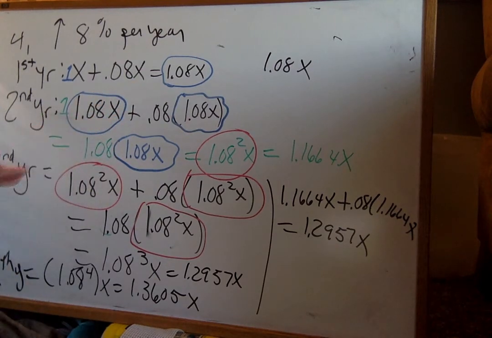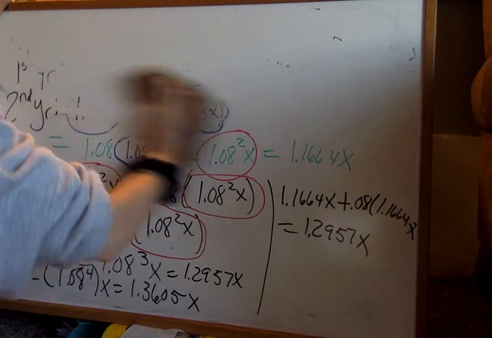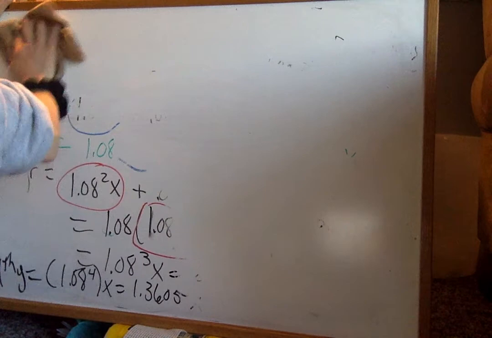So this type of problem right here, where you're growing the same amount year after year, is extremely real life. And hopefully savings and having your money grow will be real life for you. All right. Now granted, that was slightly tricky, especially because we went up to 4 years.